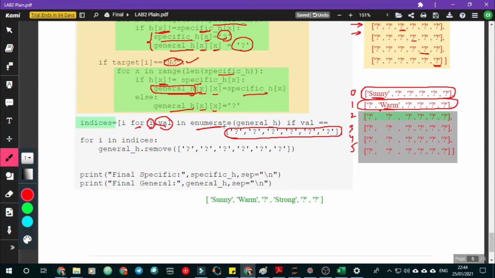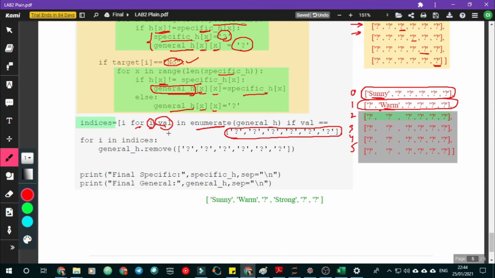So enumerate is returning two things: one is the index of the first sample, or first value in the general hypothesis. So in the first iteration, enumerate returns the i value 0 and the value Sunny.